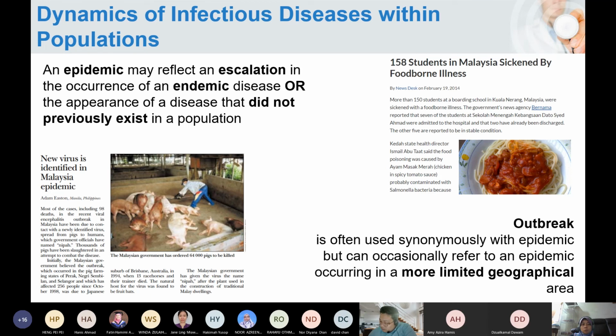Example, Nipah virus dulu, 1999. Yes, 1999 around there. Okay lama dah, 20 years ago. That is a new virus. And then even COVID-19 started as an epidemic first, then turns to pandemic. And the word outbreak synonym with epidemic, but usually is more limited to certain geographical area.